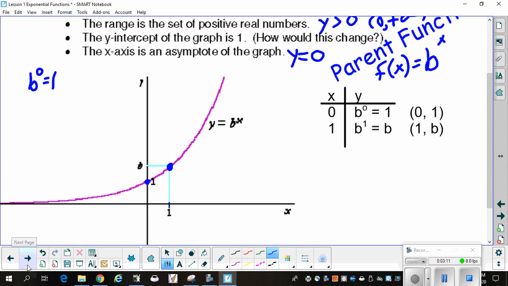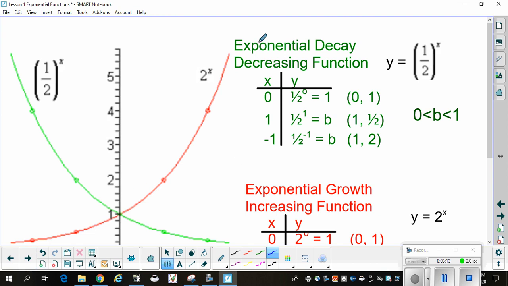Now, let's take a look at exponential decay, a decreasing function. y is equal to 1/2 raised to the x. When my base is a fraction, the absolute value is between 0 and 1, I'm going to go down, because as I take a fraction to a higher and higher order, my y value gets smaller and smaller and smaller. 1/2 squared is 1/4. 1/2 cubed is 1/8.